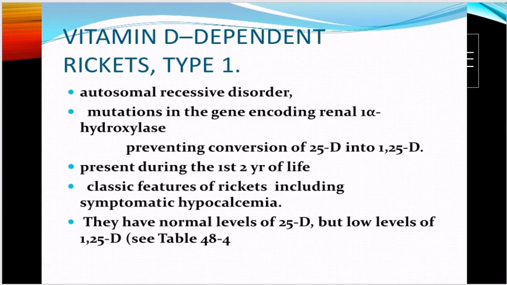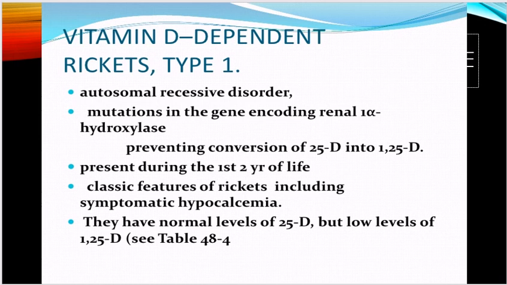Now there are two types of rickets. One is vitamin D dependent rickets type 1. This is an autosomal recessive disorder which results from a mutation in the gene encoding renal 1-alpha hydroxylase, preventing the conversion of 25-dihydroxycholesterol into 1,25-dihydroxycholesterol, and is present during the first 2 years of life.